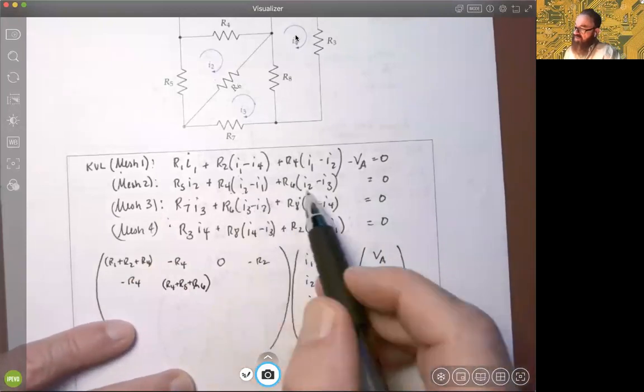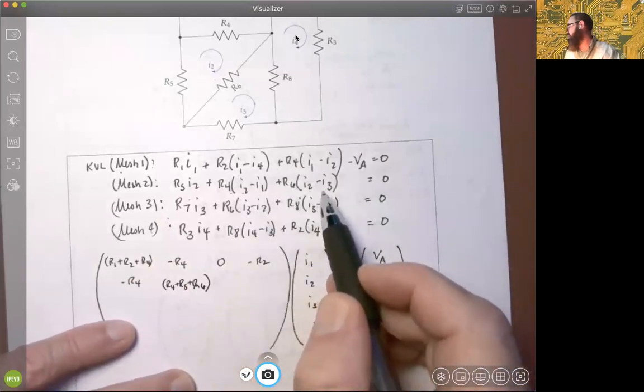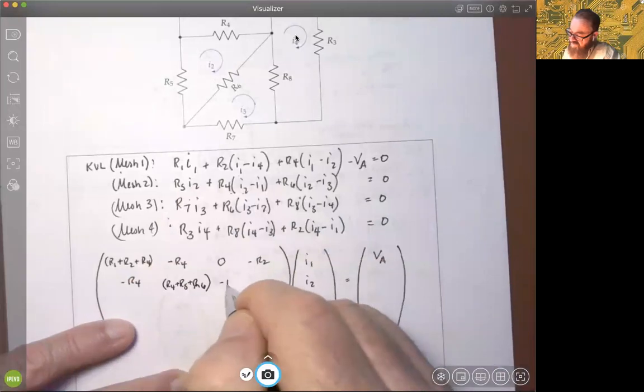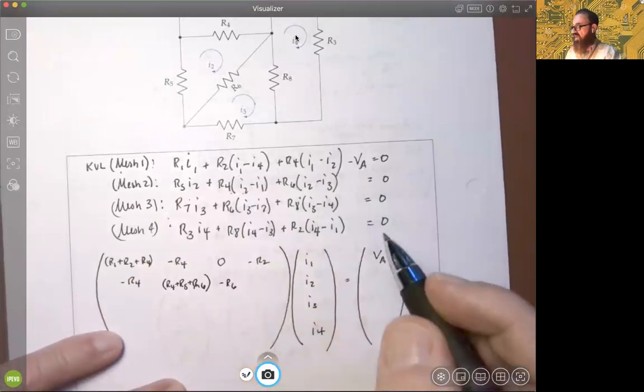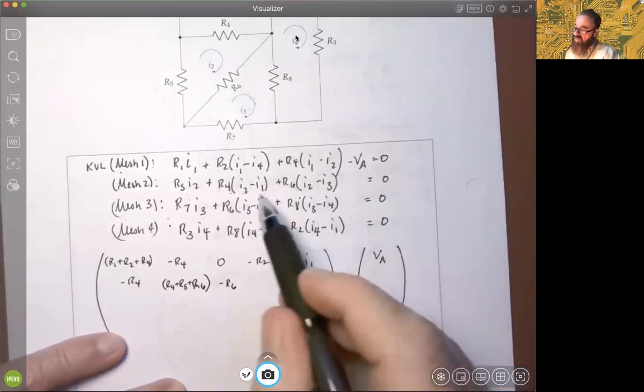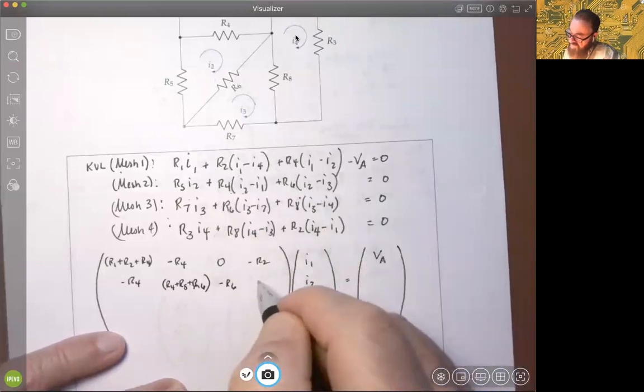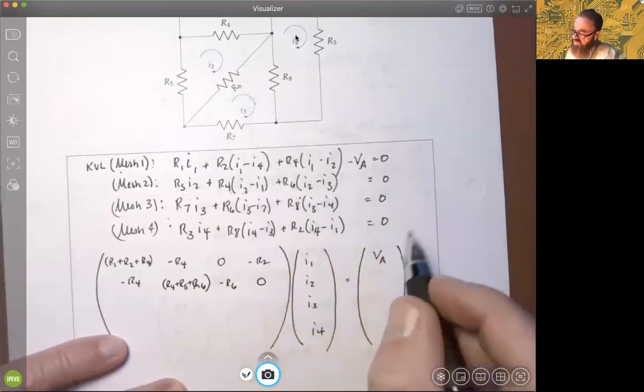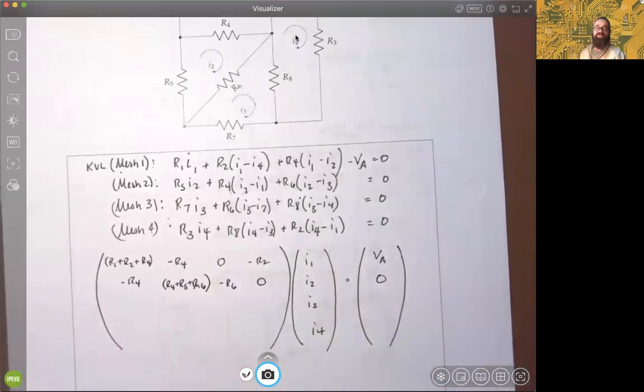What about I3? Oh yes, there is a coefficient for R6. In this case, it's just minus R6. And finally, for I4, we have nothing. So 0 there. And there's no other term to pull over to the right-hand side, so you have a 0.